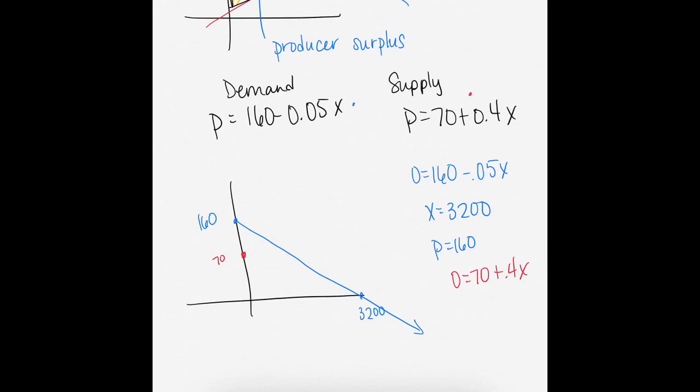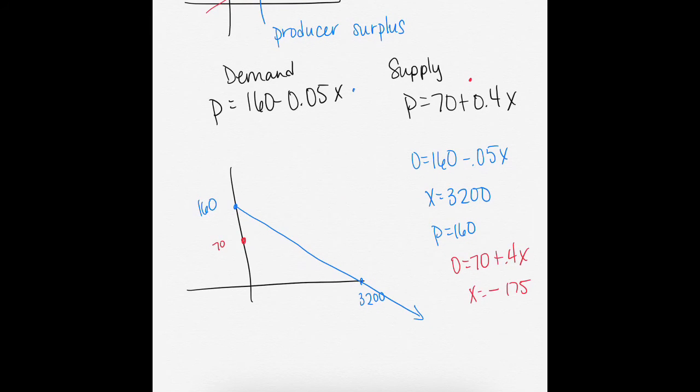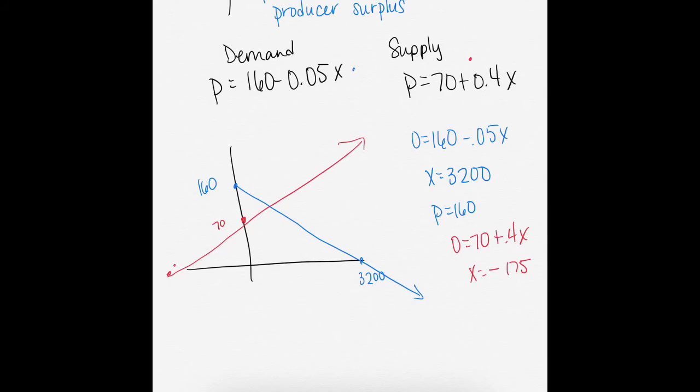So that means that 70 divided by negative 0.4 will give us negative 175. X is negative 175. So that x will be somewhere way over here. Clearly, that's not going to help us a whole lot. We know it's going to go through that way, but we're only looking for the positive side.